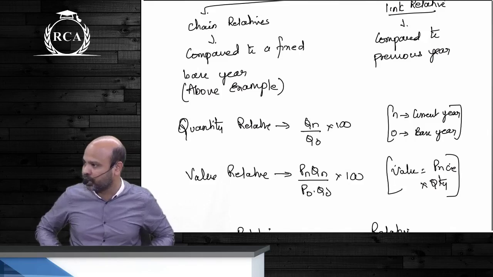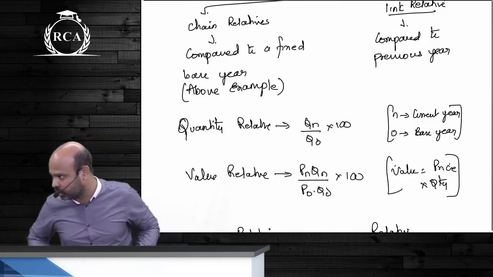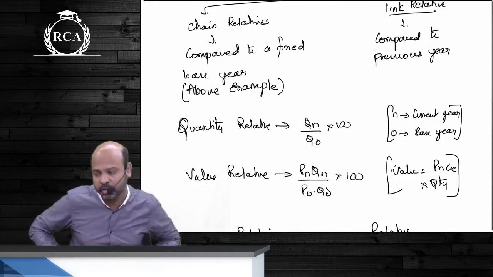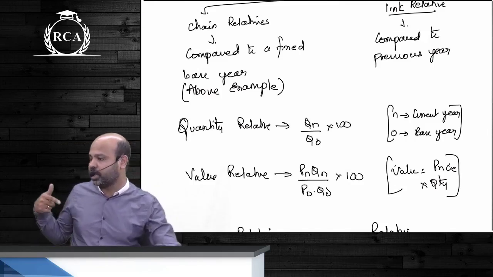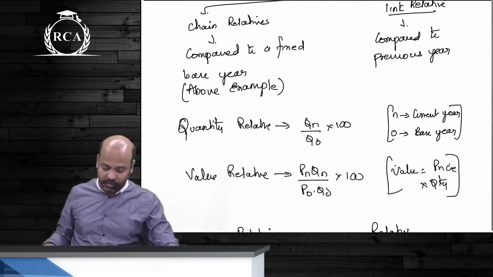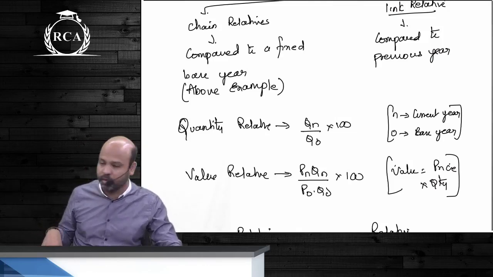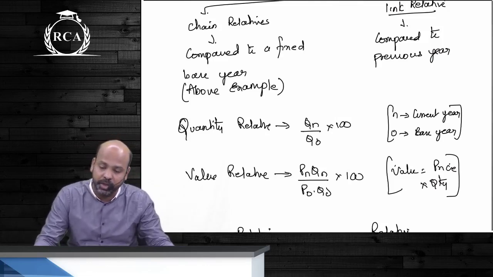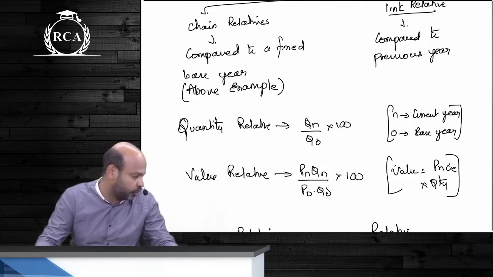So if I'm computing chain relative for the year 2025 with 2020 as the base, it will be 2025 divided by 2020 into 100. If I'm computing link relative for the year 2025, it will be the 2025 value divided by the 2024 value into 100.